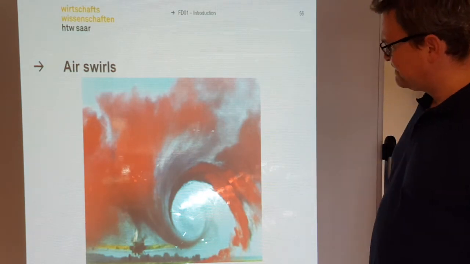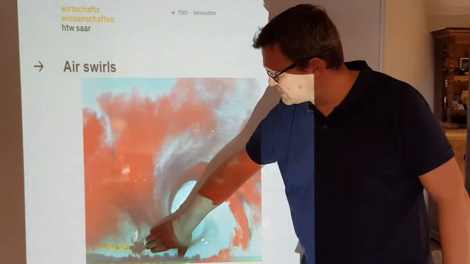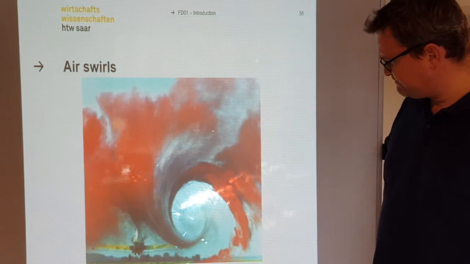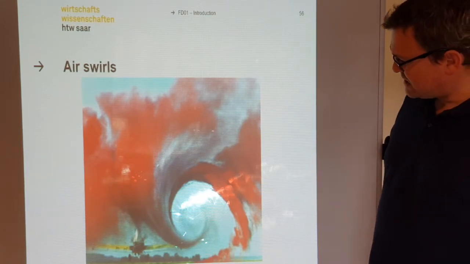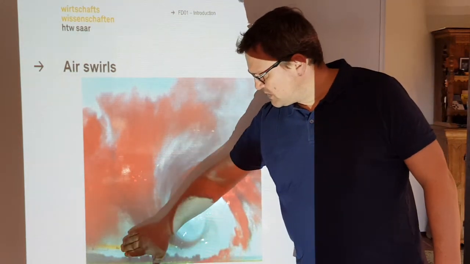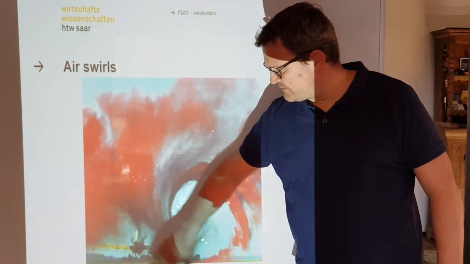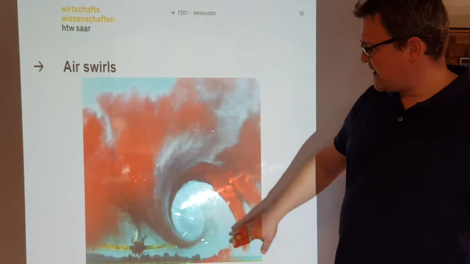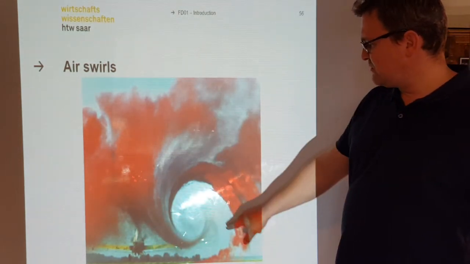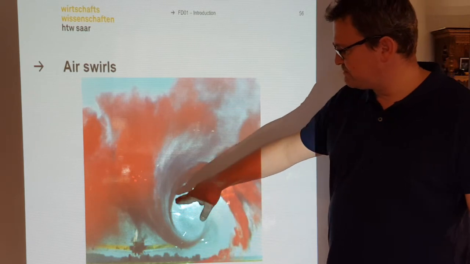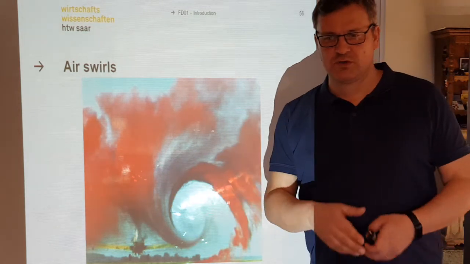But here, in this picture from the 1950s, they sprayed some powder out of the airplane, and then the airplane flew through this red powder, and so it was possible to make a good picture of this swirl behind the wing.